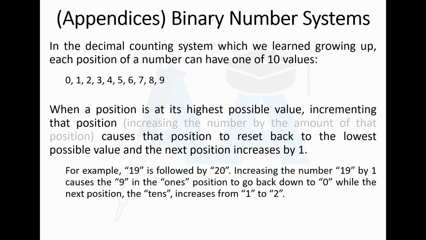For example, 19 is followed by 20. Increasing the number 19 by 1 causes the 9 in the 1's position to go back down to 0, while the next position, the 10's position, increases from 1 to 2.